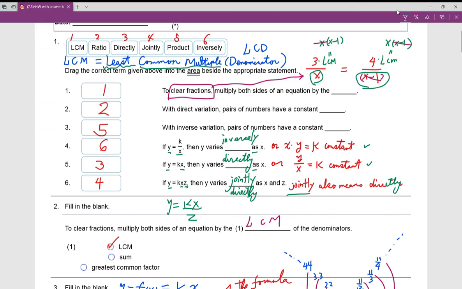So if you have x on the numerator, g on the denominator, then you may say y varies directly with x and inversely with g. You need to say more detail. In this case, we call this combined variation.